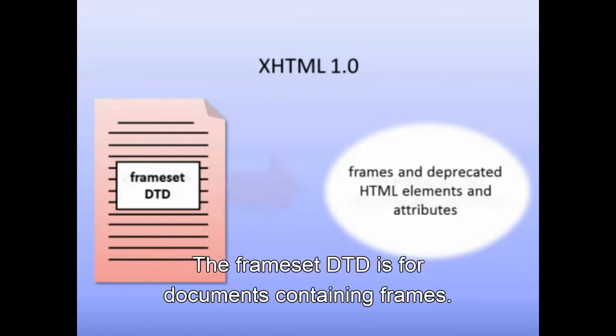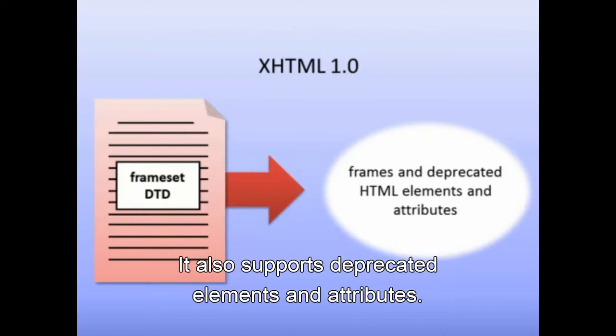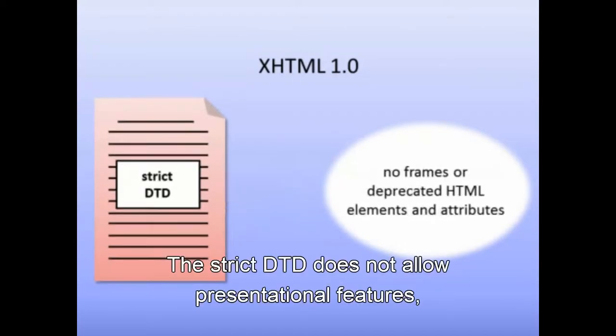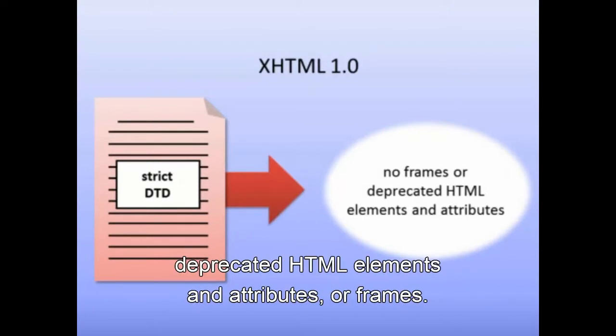The frameset DTD is for documents containing frames. It also supports deprecated elements and attributes. The strict DTD does not allow presentational features, deprecated HTML elements and attributes, or frames.